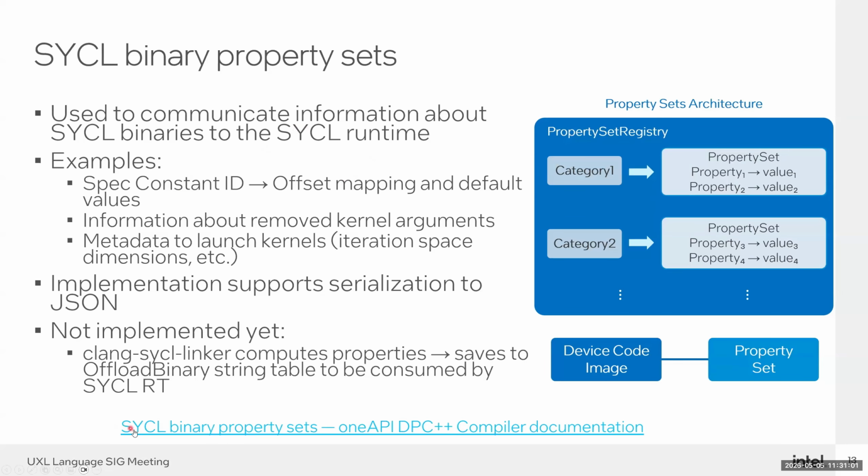Below is the link to SYCL binary property sets documentation, which outlines the current set of what it can include, like which property sets SYCL can generate in DPC++, not in upstream, and which property sets can be consumed by SYCL runtime.